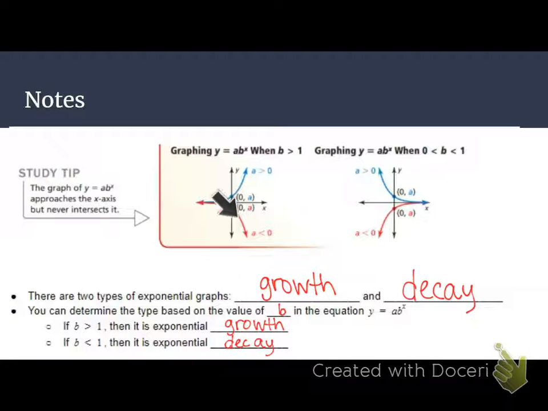If it's a growth, that means our y values keep getting bigger and bigger, one way or another, either positively or negatively, depending on what A is. For decay, our values keep getting smaller and smaller as we keep going.